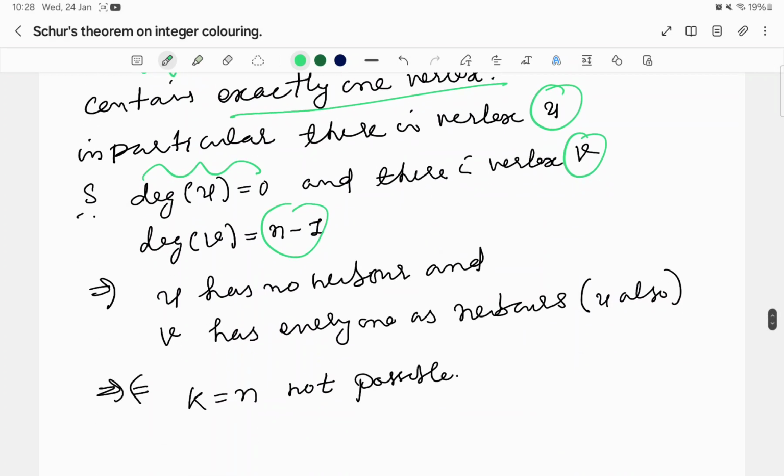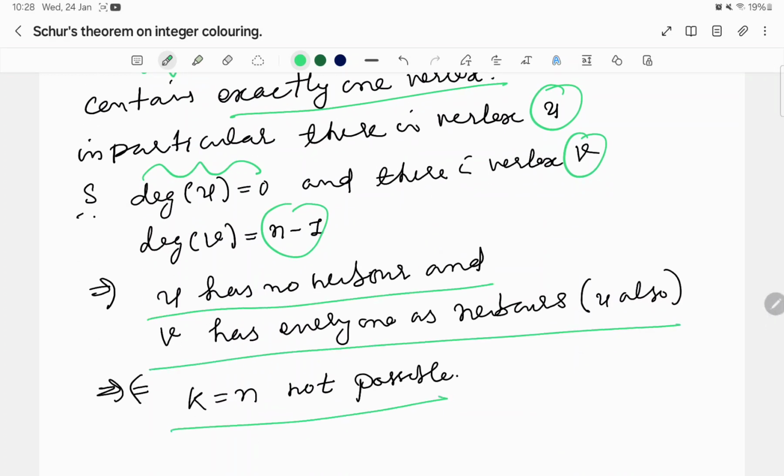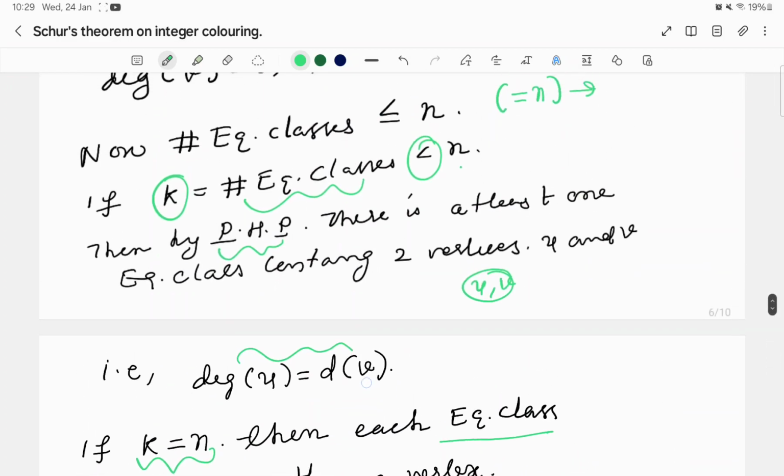So the k equal to n case is not possible, so always k is less than n, and when k is less than n we can use PHP. So in any graph there are at least two people who have the same degree. That's the idea.